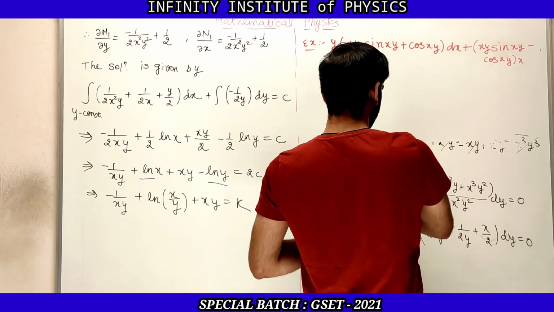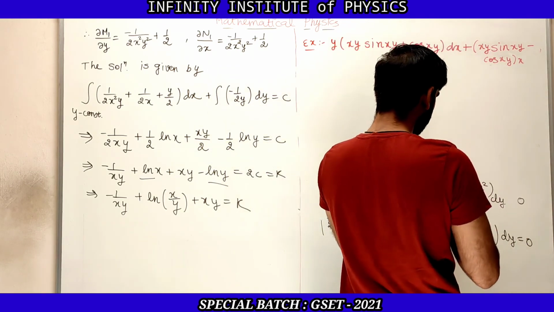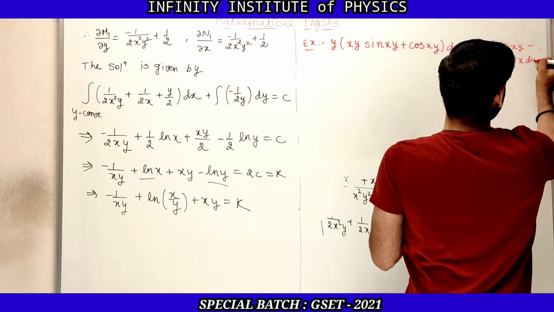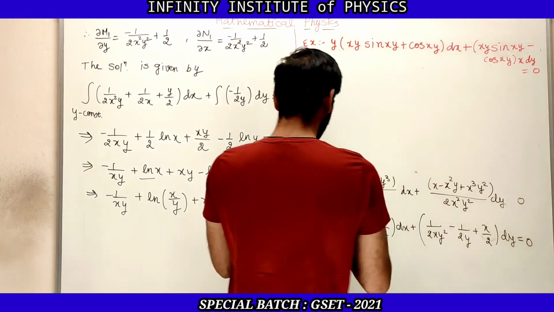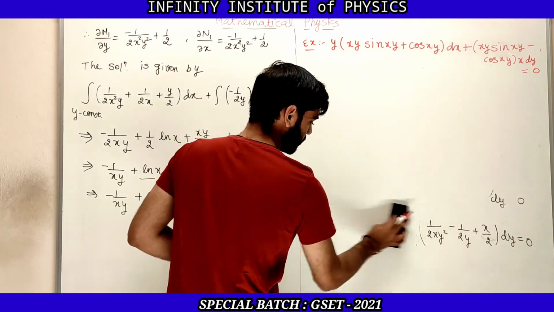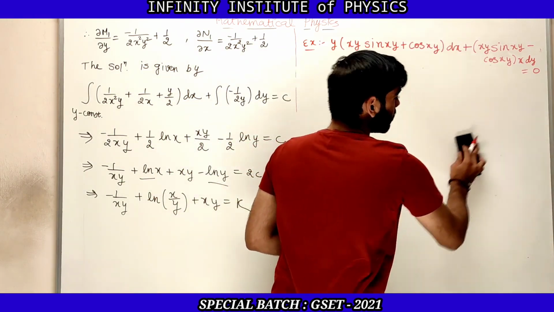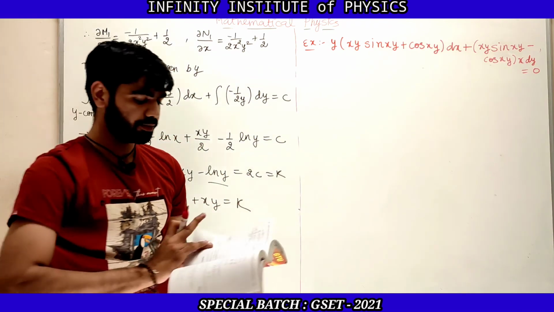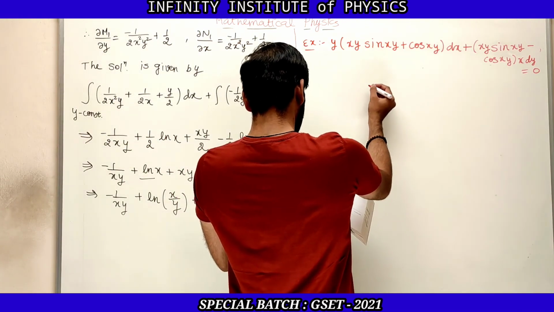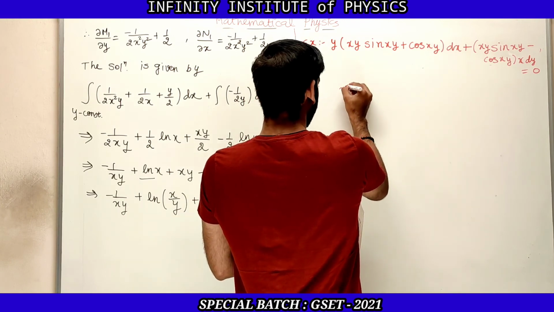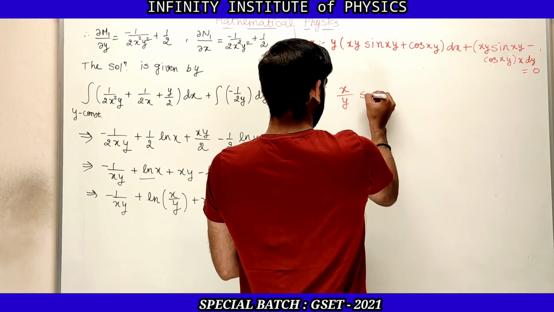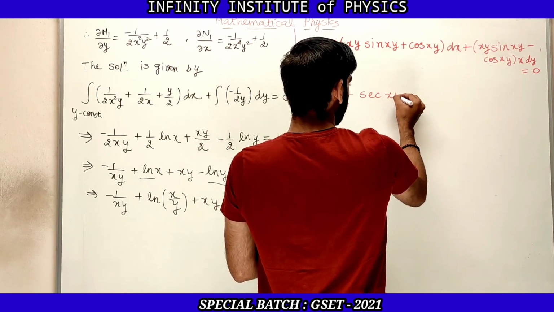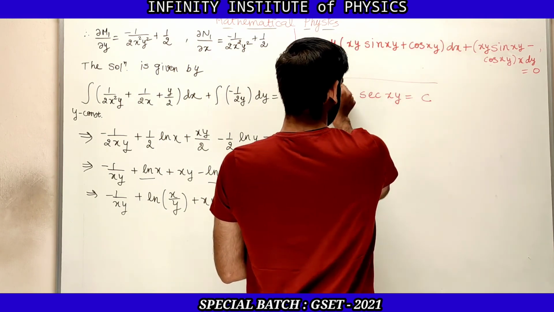So this is the question which is for your homework. Please try it yourself. And the answer for this you will get as x by y sec xy is equal to c. This is the answer.